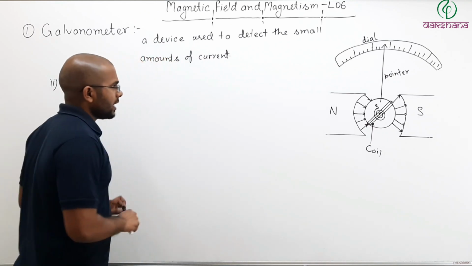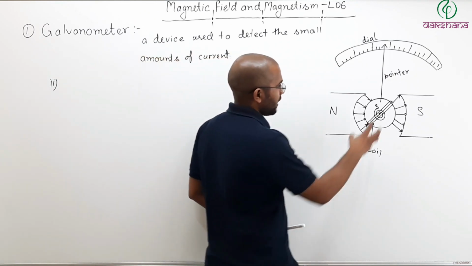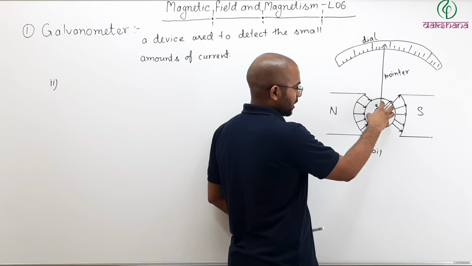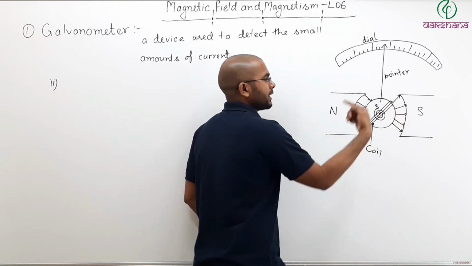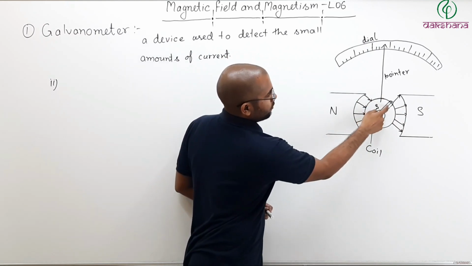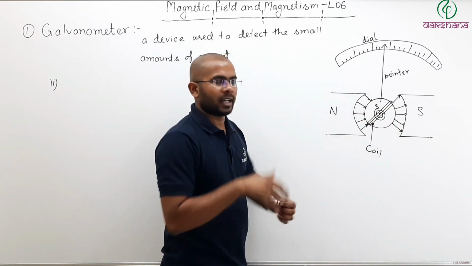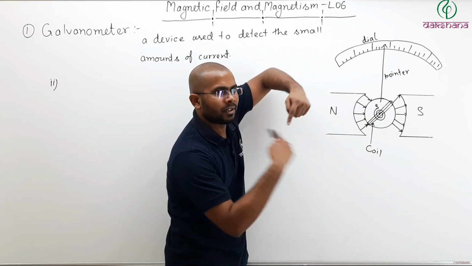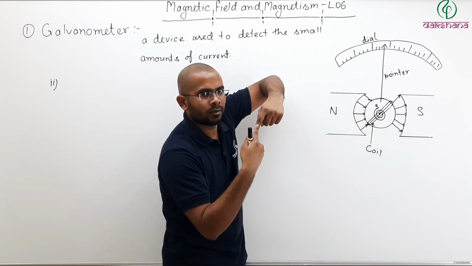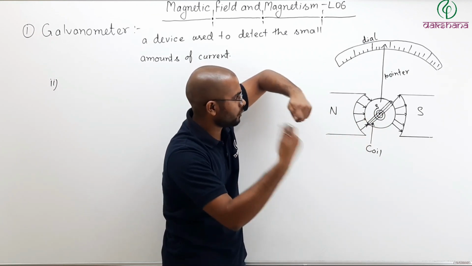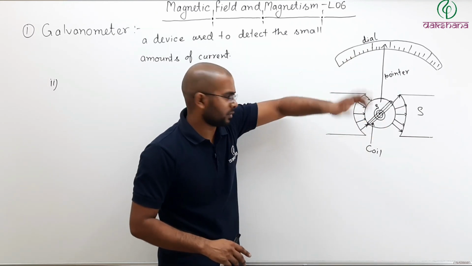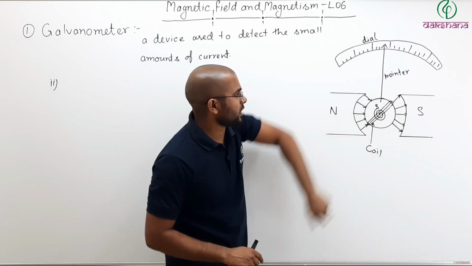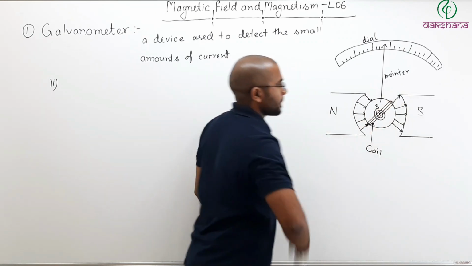Now here we have a soft iron core, and on that soft iron core we have wound insulated copper wire. This is your copper loop. Here we have shown 1, 2, 3 lines, only 3 loops wound on top of your soft iron core, but in actual there are a number of loops.